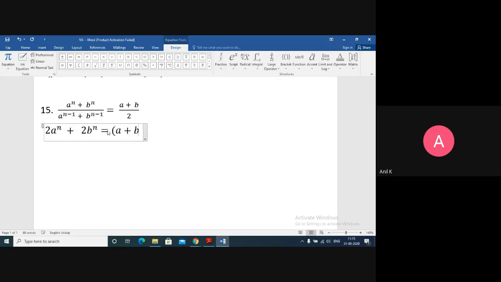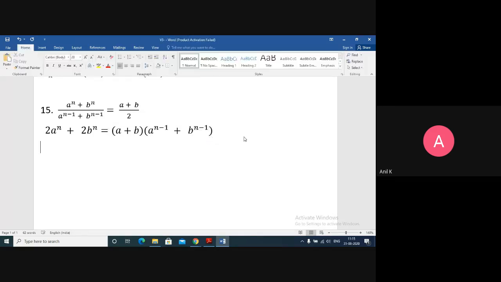We can do here a plus b into this term will come. Brackets now. The LHS will remain as it is, 2a to the power of n plus 2b to the power of n.